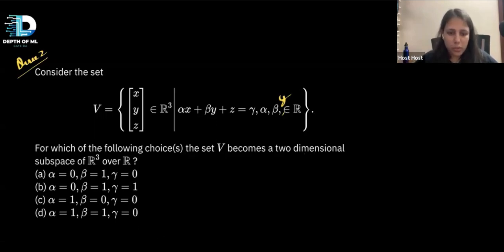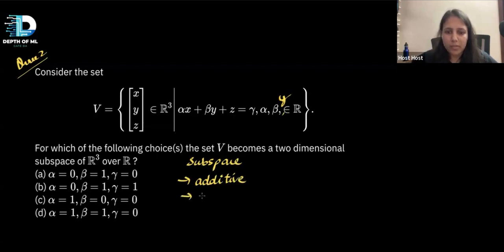Let's do this. It's asking us for which values it will become a two-dimensional subspace. So what are the conditions for a subspace? Can you give me some conditions? It should follow the additive property, right?